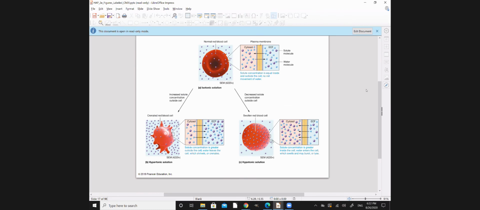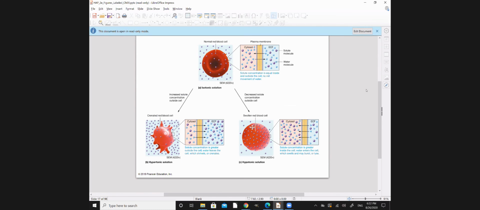And because the cell is basically a bag, it will accommodate as much of the extra water as it can, but it cannot stretch forever and it will burst. It will swell first and then burst, destroyed.